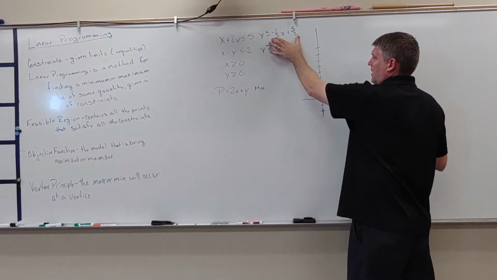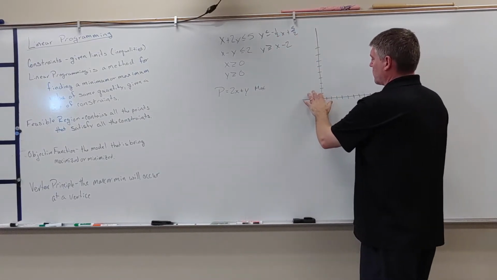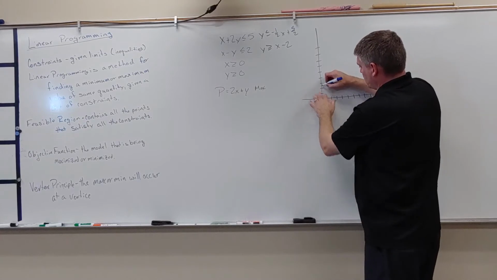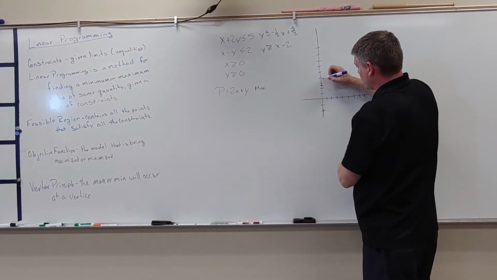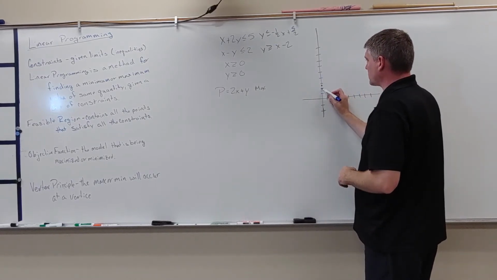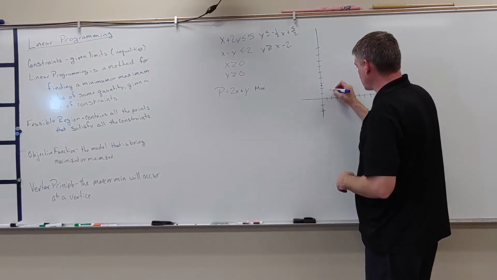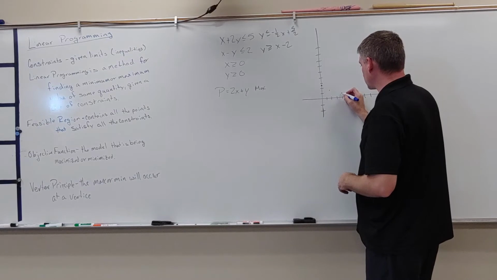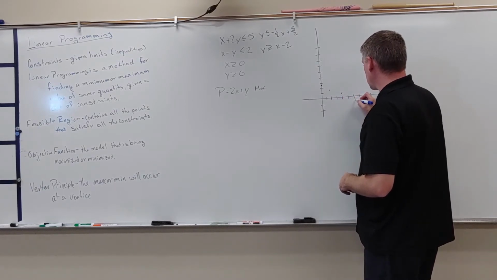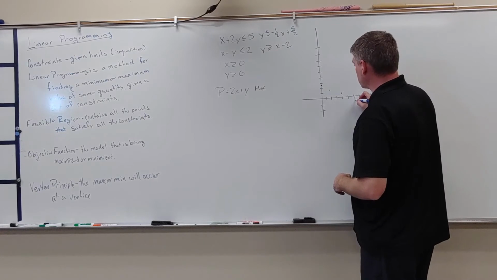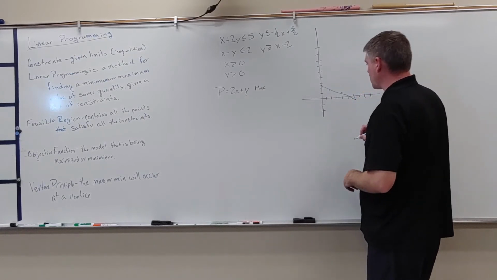I'm going to graph the first one: 2.5, then go down 1 over 2, down 1 over 2, down 1 over 2, and I have a nice solid line.